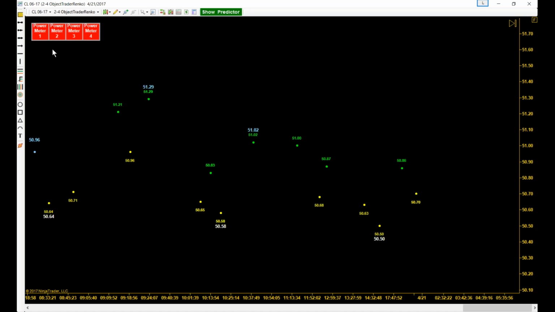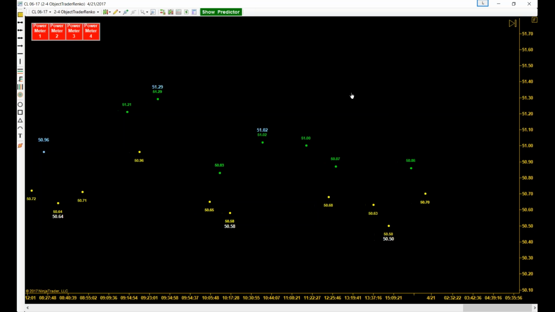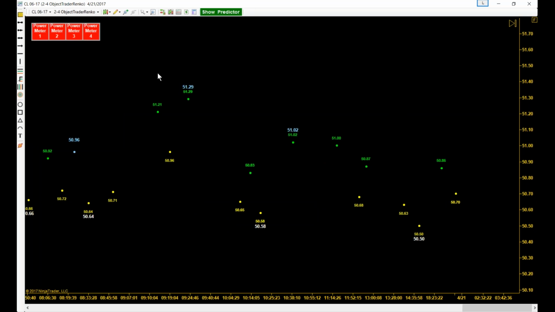And at this given moment, it's pretty obvious that power meters 1, 2, 3, and 4 are short. So that's telling us we're not really looking at longs, but it doesn't mean we can't draw support areas and take some longs even against this, as long as the first meter changes. And that's why we developed the power meter type trader on Object Trader. But what I like to do is, you can usually see this without drawing, but let's draw it anyway.